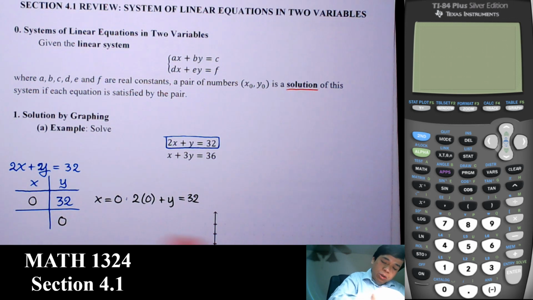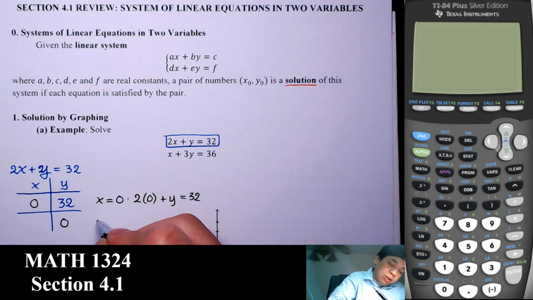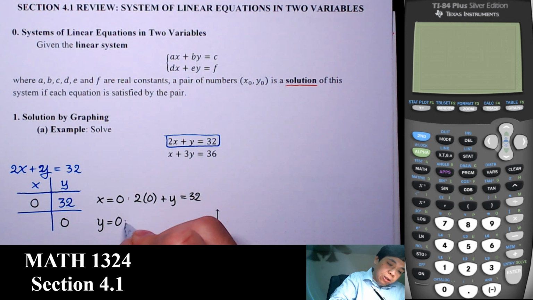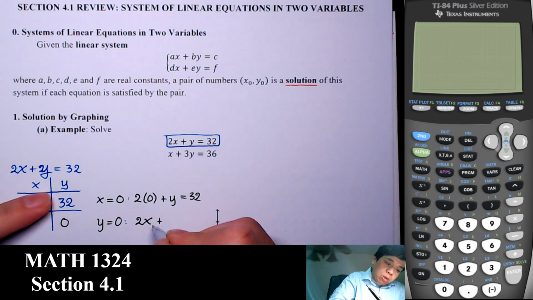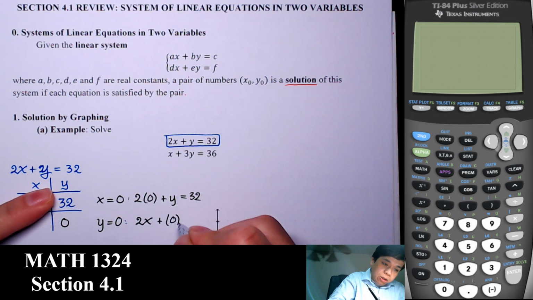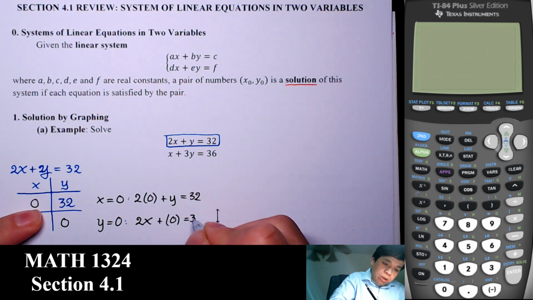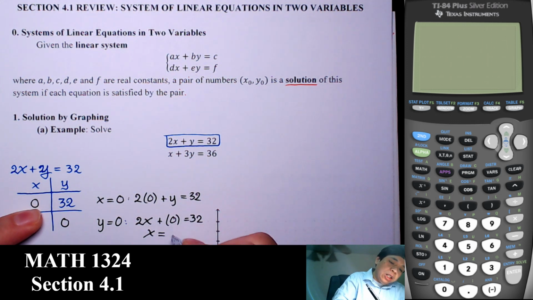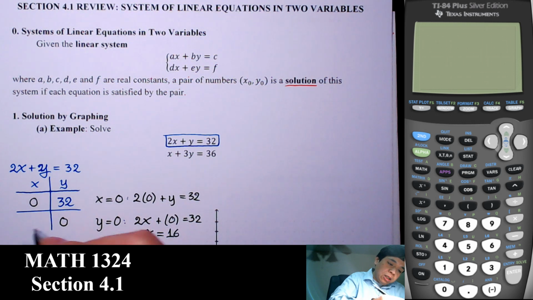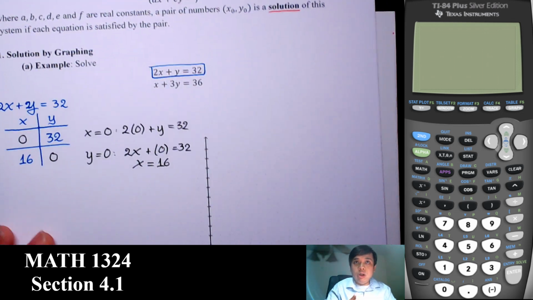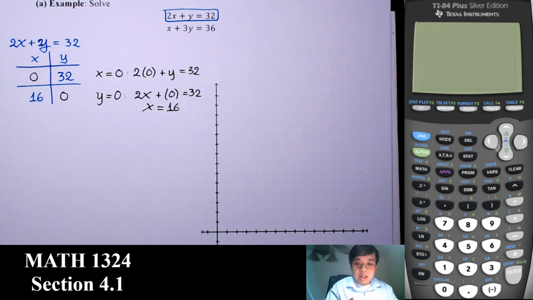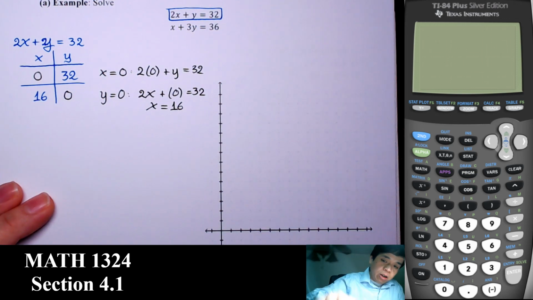Now if we choose y to be 0, we have 2x plus 0 equal to 32. Now 2x is 32, so x is equal to 32 divided by 2, which is 16. So we have 16 and 0. Right, we'll graph that in a bit.